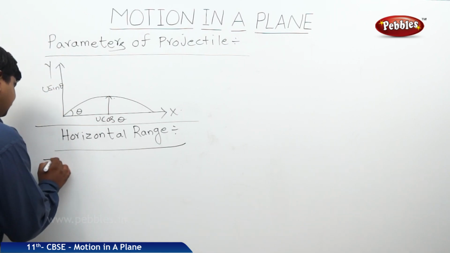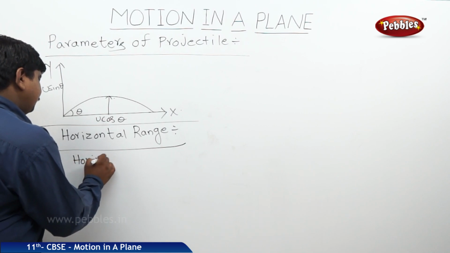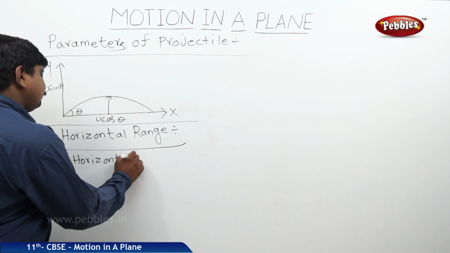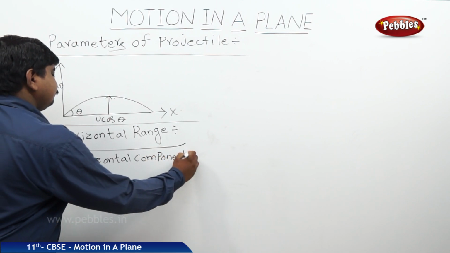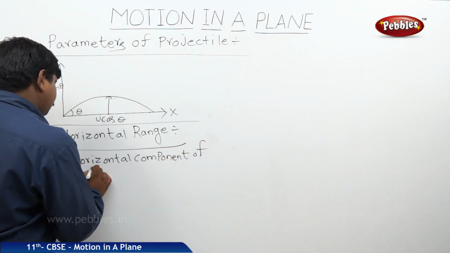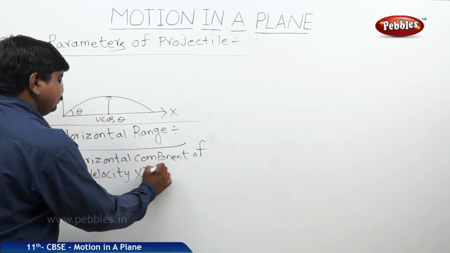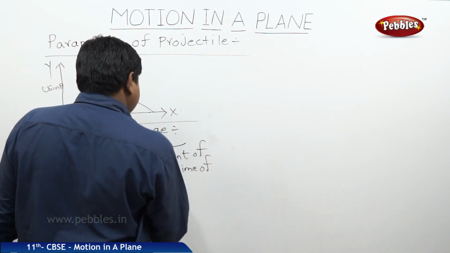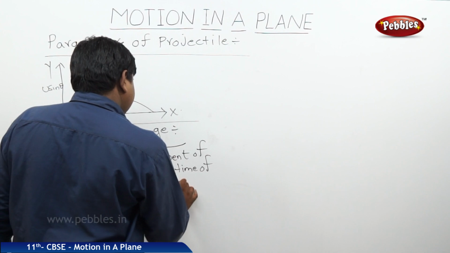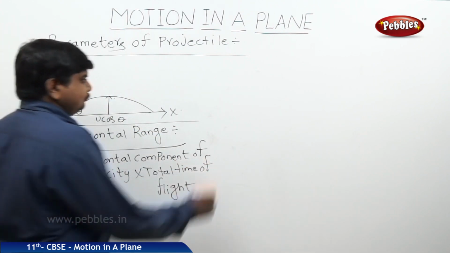So, horizontal range is equal to horizontal component of velocity into total time of flight. This one we should find out.